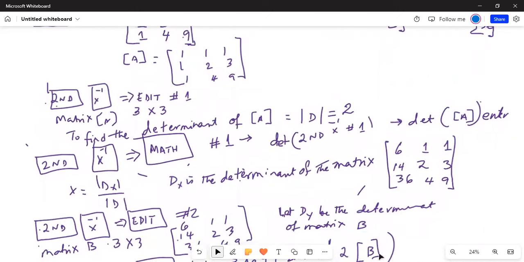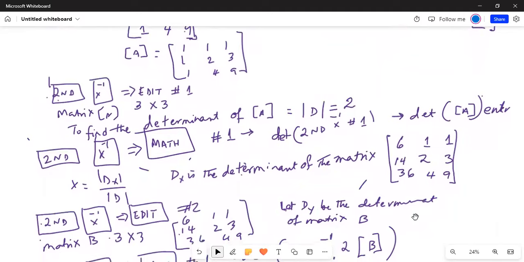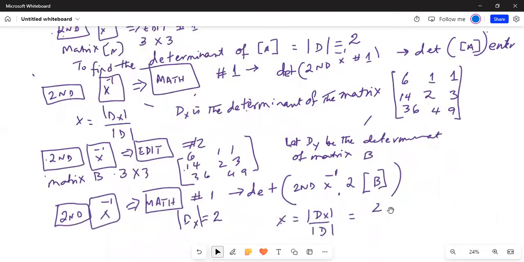Okay, this is what I'm interested in. Remember, D is the determinant of the coefficient matrix, so that is also 2. So it is 2 divided by 2 is equal to 1. So x is 1.